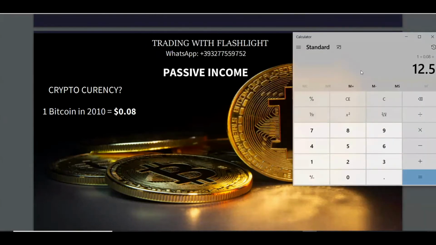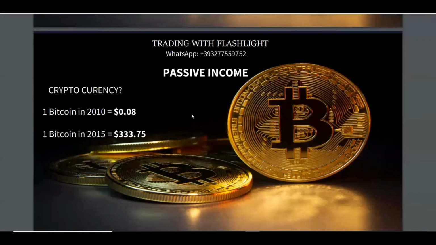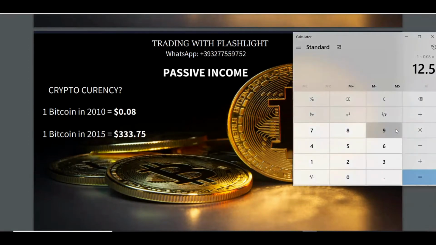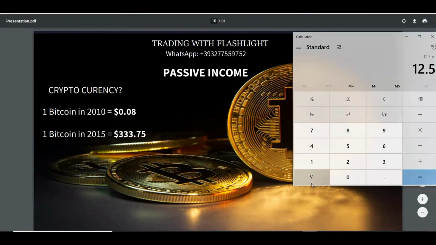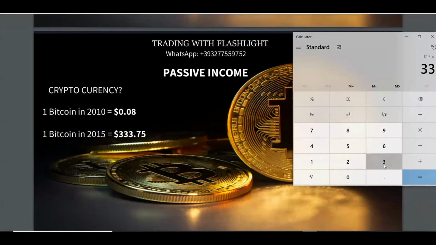Okay. So let's keep it aside. Now, in 2015, 5 years later, one Bitcoin was equal to $333. So those who bought Bitcoins in 2010, as you can see, they were having 12 Bitcoins. Now, one Bitcoin is 333. So we simply multiply by 333.75.